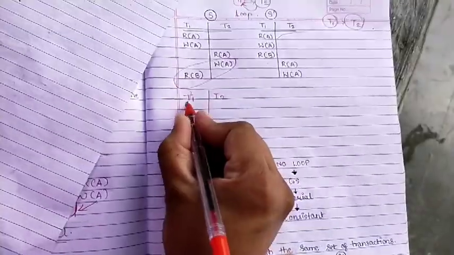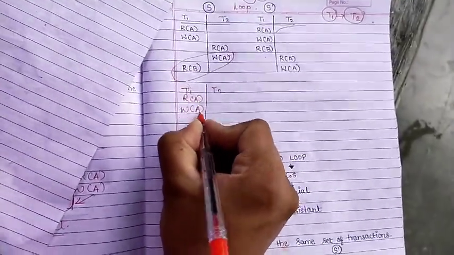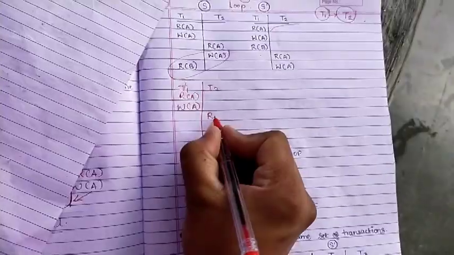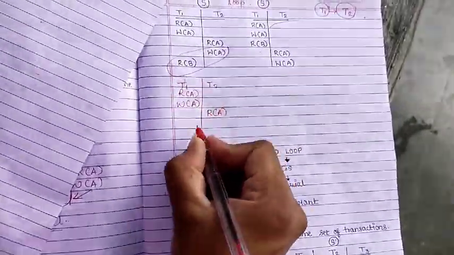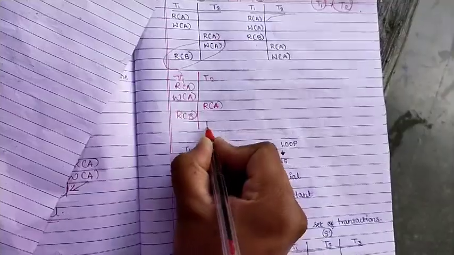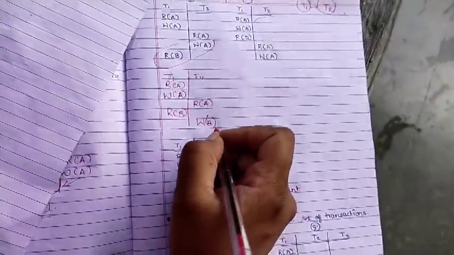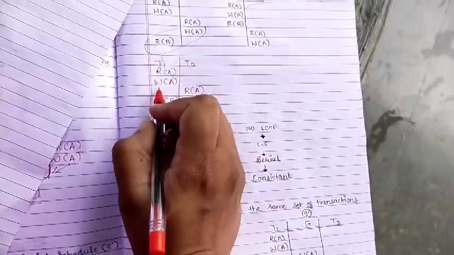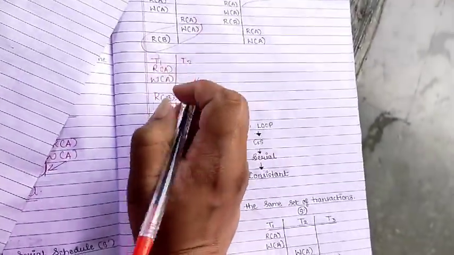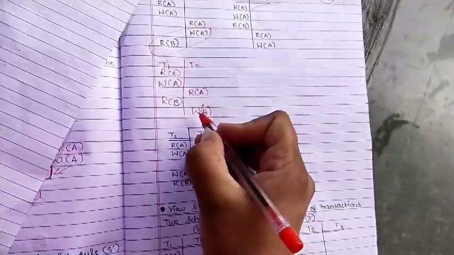R of A, write on A, read on B. Now we swap it, so read of B comes first, and here is write of A. R stands for read, W stands for write. Now we have swapped these two operations.